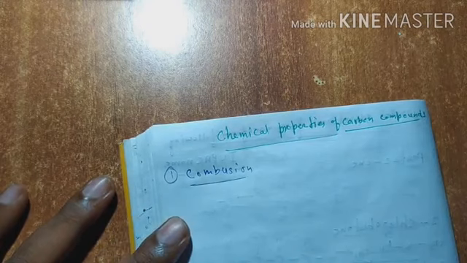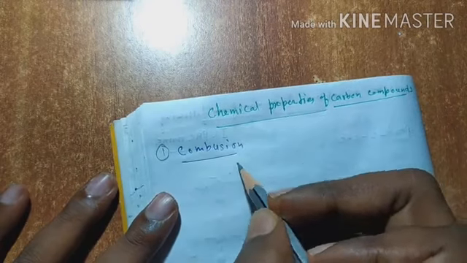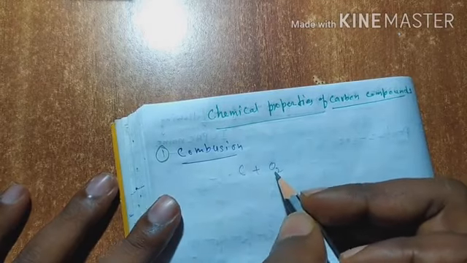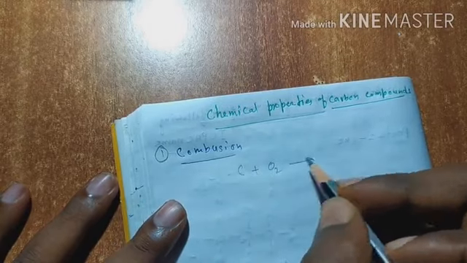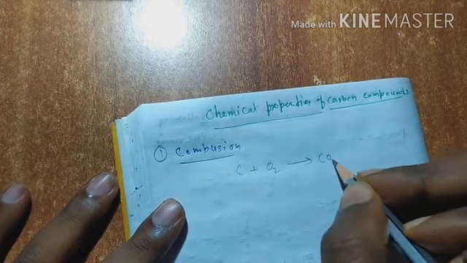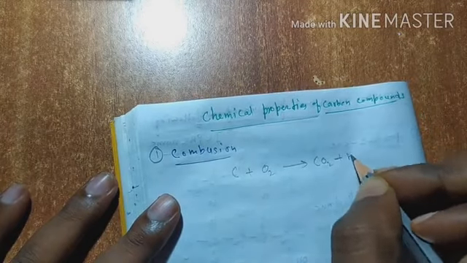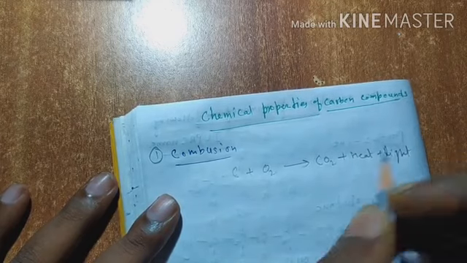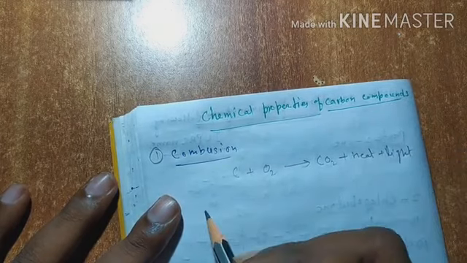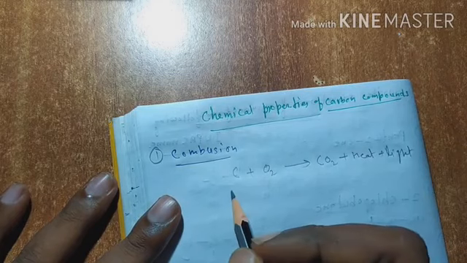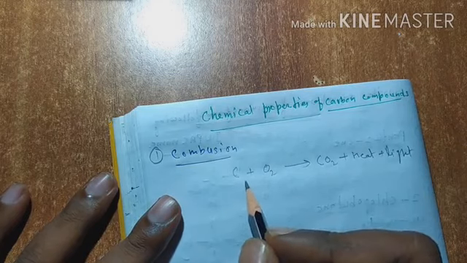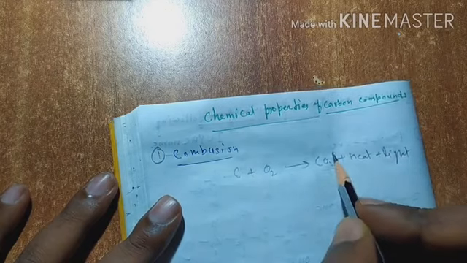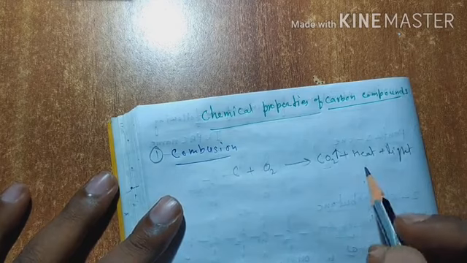We know that if you burn elemental carbon in the presence of air, meaning oxygen, it simply gives carbon dioxide plus heat plus light, for example wood. The reaction gives carbon dioxide gas, so we show the direction here, with heat and light.